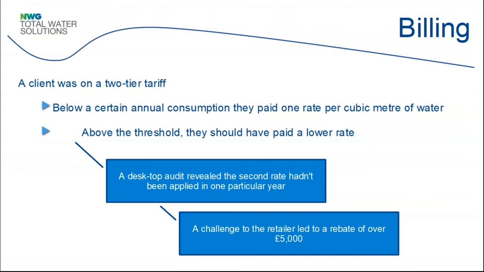But as part of the desktop audit, what was noticed was that the second rate hadn't been applied in one particular year. It had the year before, for several years before, and it was for several years afterwards, but there was one particular year when it hadn't been applied, and there was no reason for that. The client hadn't actually noticed this.